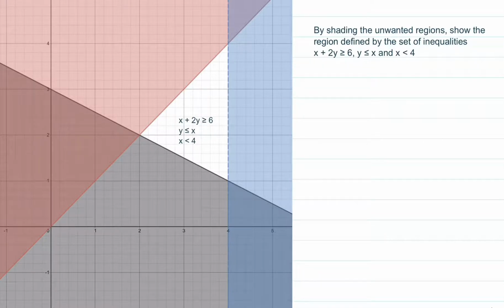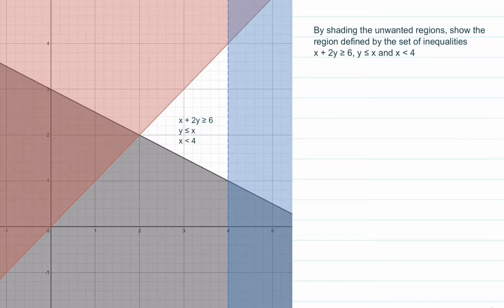Here we have a set of inequalities, and we need to show, by shading the unwanted regions, the region defined by the set of inequalities, that is x plus 2y greater than or equal to 6, y less than or equal to x, and x less than 4.